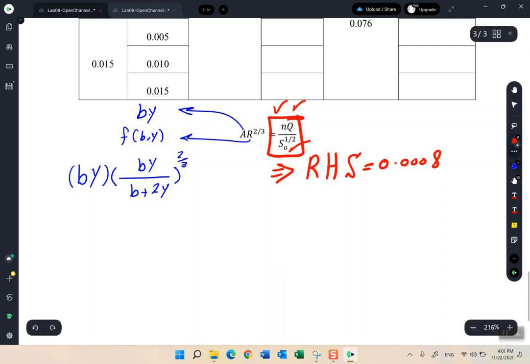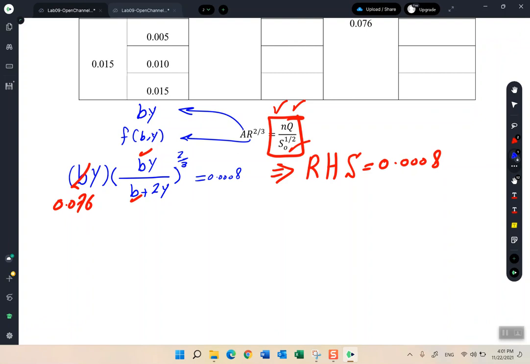Okay. We already have B here, it is 0.076. So the equation now will be this term equals 0.0008. So how do you think we can solve this equation that is implicit in y?